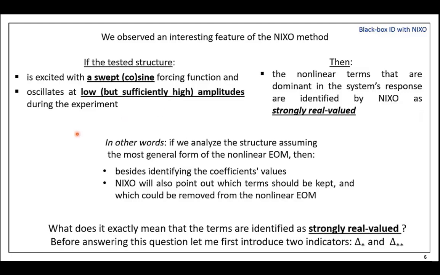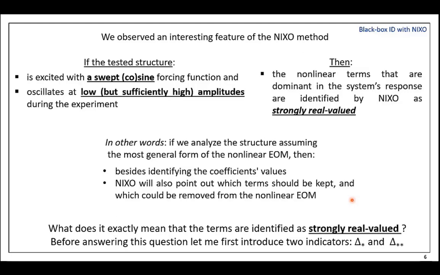In other words, NIXO will not only return the coefficient values, but it will additionally point out the smallest set of the terms that should be kept in the nonlinear equation of motion.